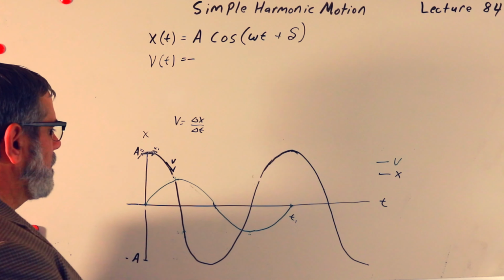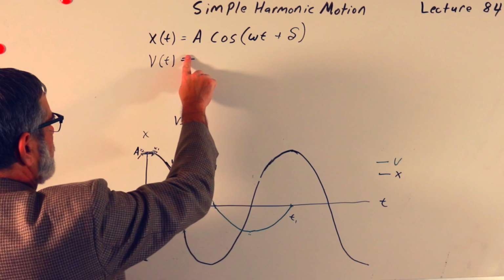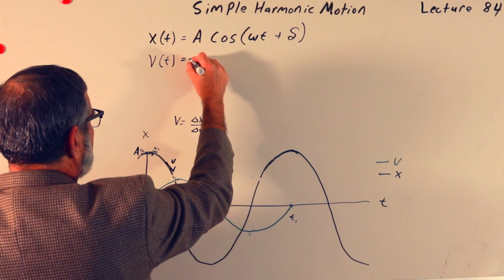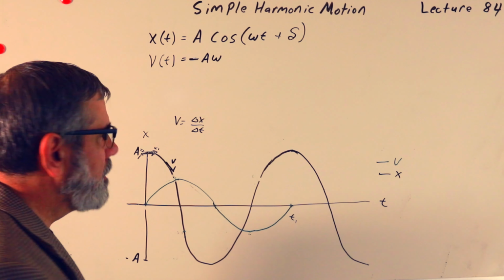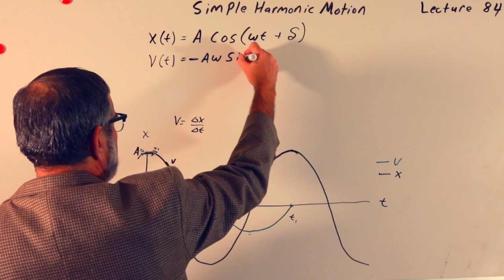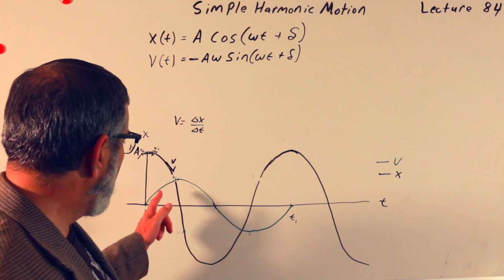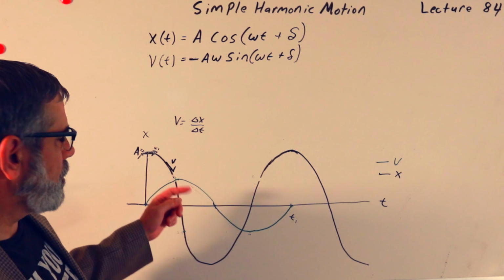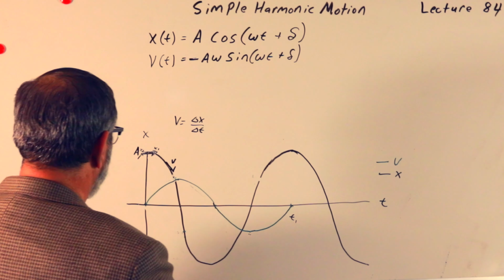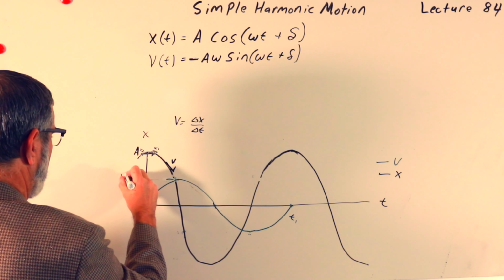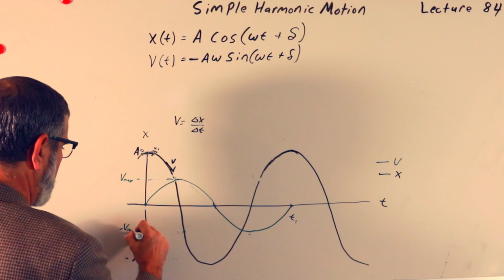There we go. This is the velocity curve. But we need a negative sign in it to make it negative. So it'll turn out that it's equal to minus A times omega, and I'll justify that in just a second, times the sine of omega t plus delta. You see, it still has the same period, or the same frequency, as the original wave for position. The levels are different. This would correspond to V max, and this is minus V max over here.